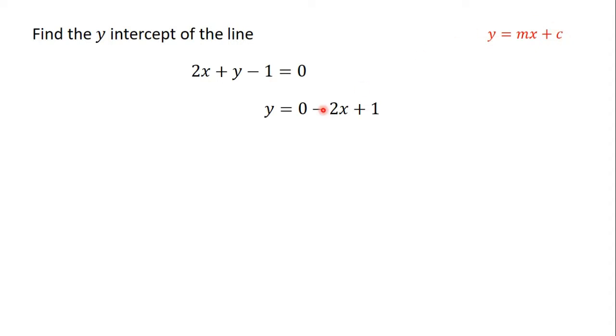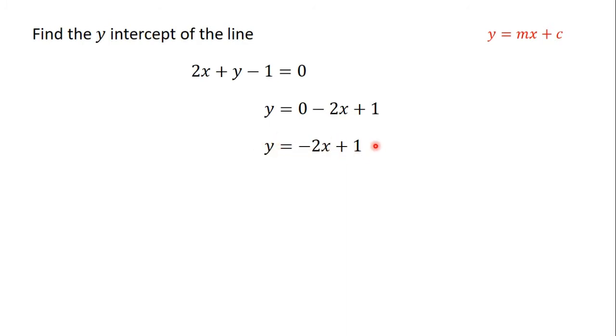This means that we will have to make y the subject. So let's make y the subject here. We have y = 0 - 2x + 1. 0 - 2x + 1 is the same as -2x + 1. So we have y = -2x + 1.